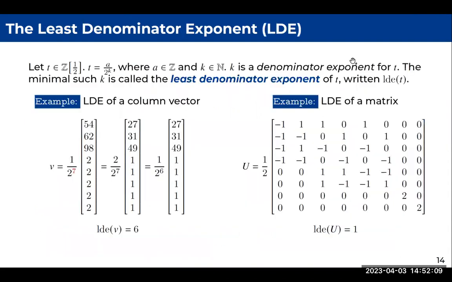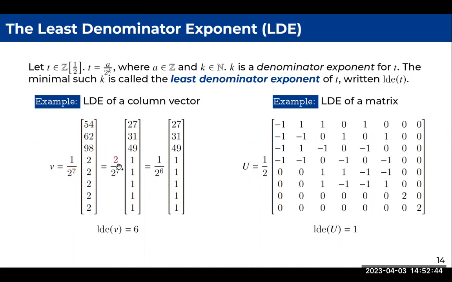Now let's proceed with the notion of LDE. So LDE intuitively gives us a metric to gauge the distance of our unitary to the identity that we want to reach. By this, we mean, let's say you look at a column vector over dyadic fractions, then you could just factor out this 1 over 2 to the power of something. But this is not a reduced vector, right? Because you can still continue to factor 2 from every component.